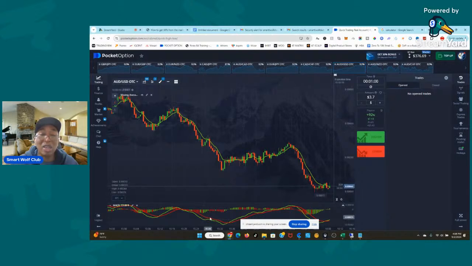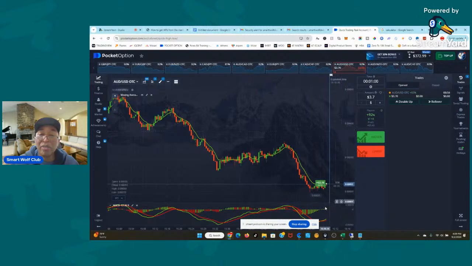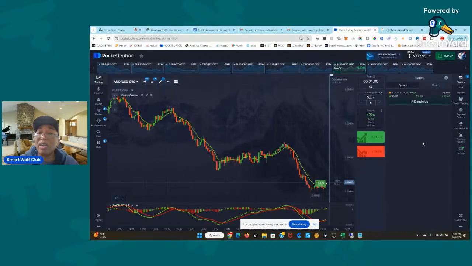You can see like here, it stayed down here for a long time. But it looks like it's going up now, and we're going to jump in there. Let's see if it is strong enough to push this up. It is. Our goal, guys, is 380.99. We are at 372. So if we win this, we'll get really close to our goal.